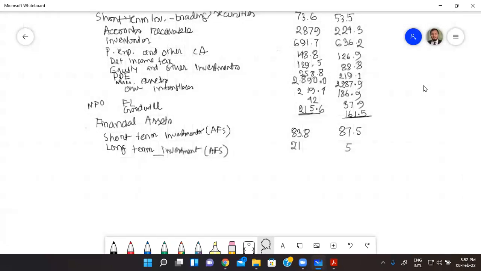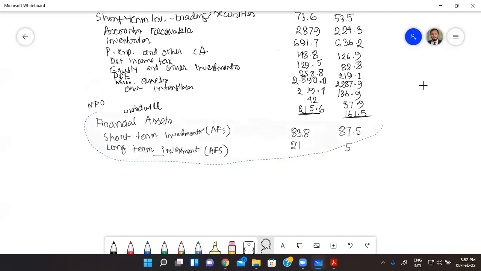Okay, by this time, I see that I have some financial liabilities. We have other intangibles, then here it is goodwill.